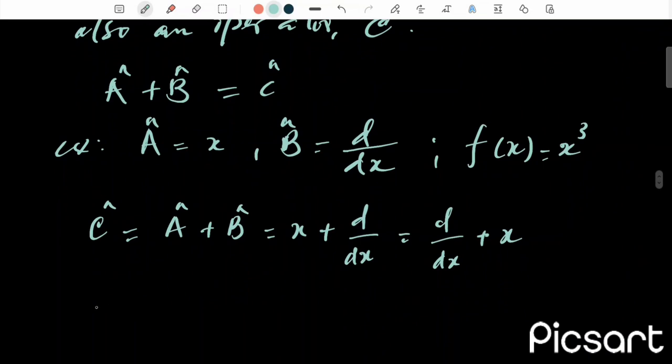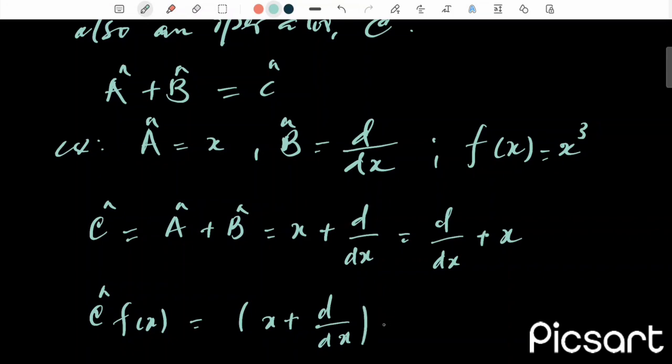When the operator C acts on the f function, we get x plus d over dx acting on x power 3.